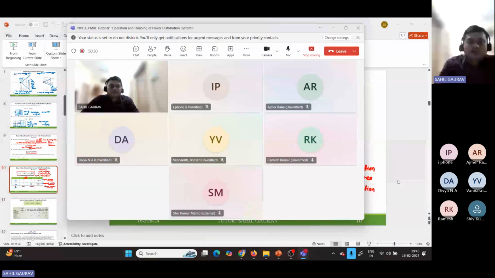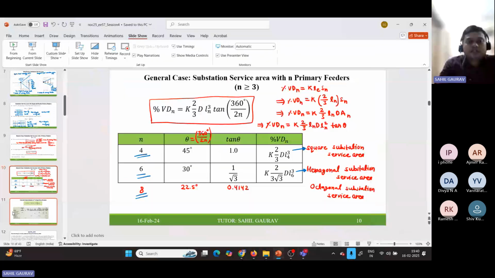So we have covered all the basic things for this current assignment that we need to know, and in the last we will have one table.